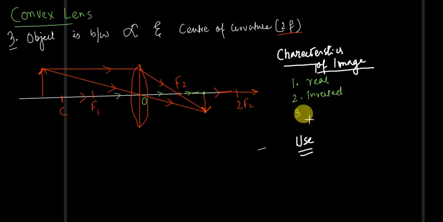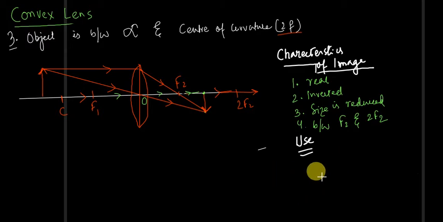Okay, number 3, size: basically it is reduced. We can write, size is reduced. Number 4, where is the image? We know the image is between f2 and 2f2.